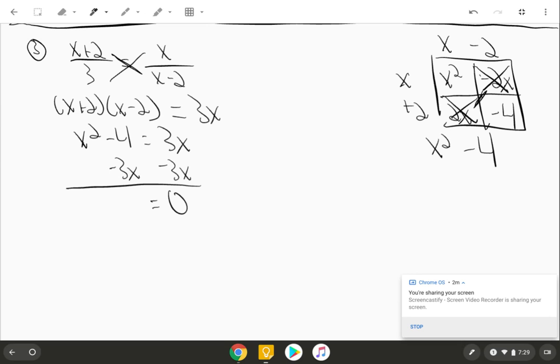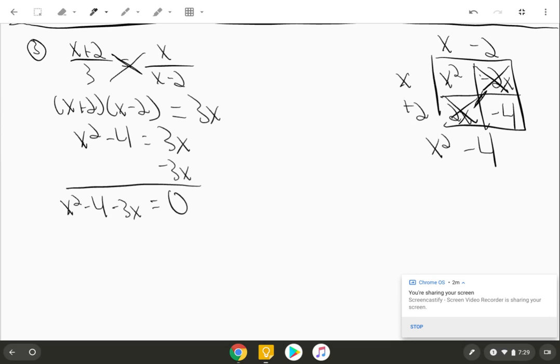I can't line it up under the x squared because that is not a like term. And I can't line it up under the minus 4 because that's not a like term either. So you might remember from the previous unit I said in cases like that, we're going to just tack that on to the end. So x squared minus 4 minus 3x equals 0.